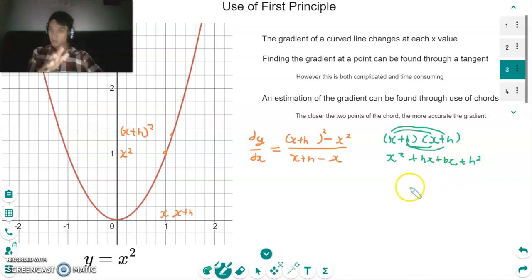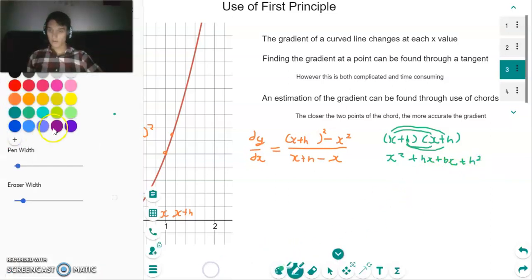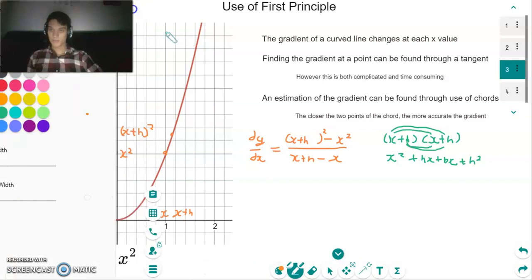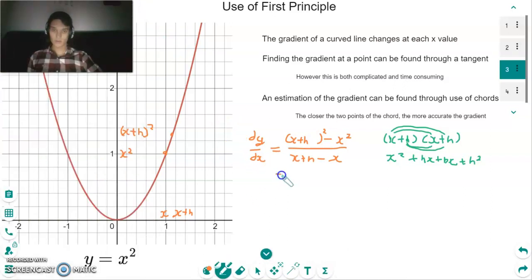So what we're going to do is plug this back into our formula over here. So I'll change colours back. We're going to put this back in. So our change in y is now x squared, and again, we can mush these two hx's together to form 2hx plus h squared minus x squared.